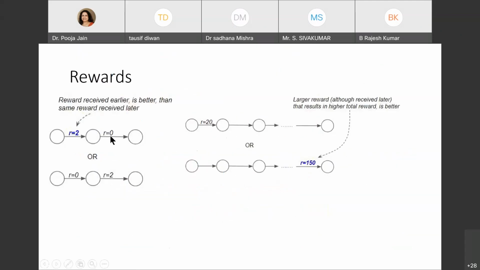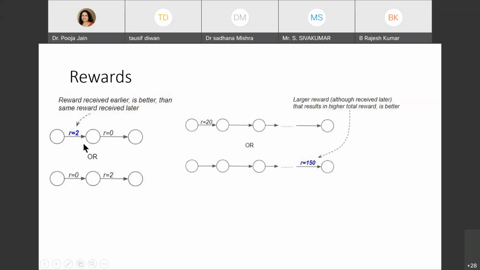2 plus 0.8, because 0.8 is the discount factor. But here, what will be happening? 0 plus 2 multiplied by 0.8. You come to know that this is the expected reward, which is better than the second scenario. So it means that a reward received earlier is better than the same reward received later.